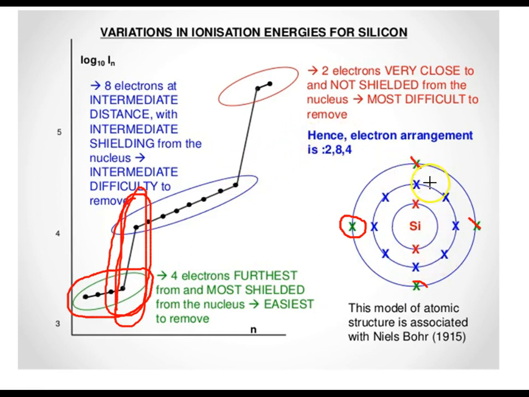Then finally, if we get rid of those 8 and we try to take these that are very, very close to the nucleus, that's going to take a ton more energy. Okay, so the ones that are furthest from the nucleus we see are all kind of similar, but it does increase, and then we see a big jump as we go closer to the nucleus.